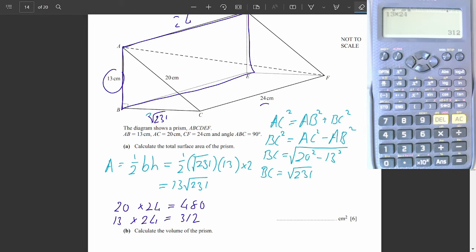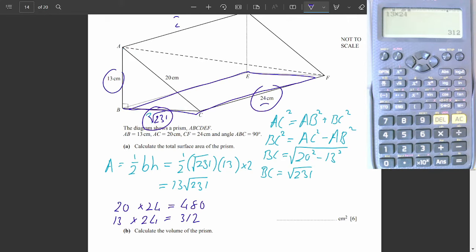And the last face will be the base of the prism over here, which we've got the length BC and 24. So for this one, it's root 231 times 24, which gives us, what a surprise, 24 root 231.